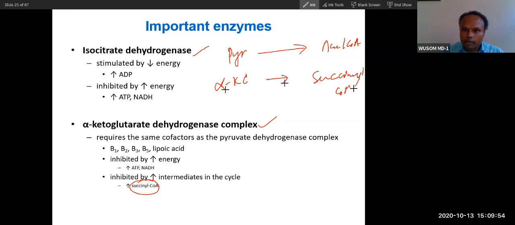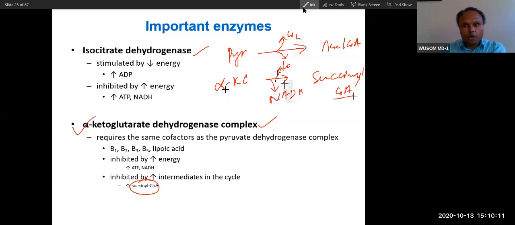Here also coenzyme A, production of NADH, release of CO2. Both reactions are similar. This is a very important reaction also.